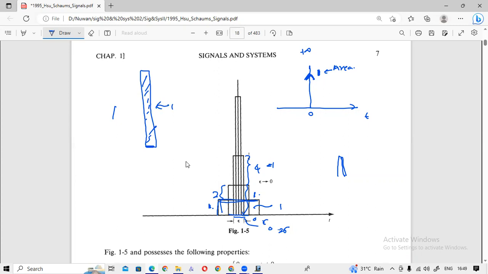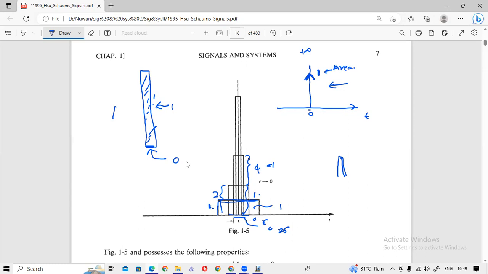So now if the width of this is 0, to make the area 1, you have to go this length up to infinity. So that is why we represent the unit impulse signal like that.